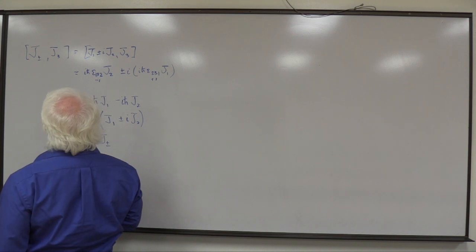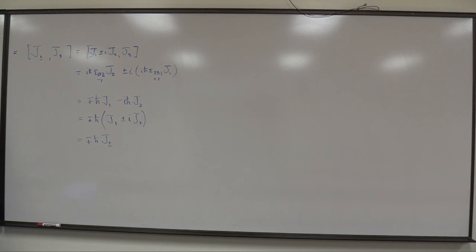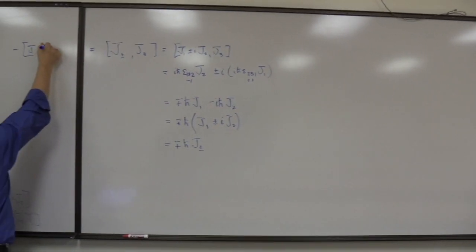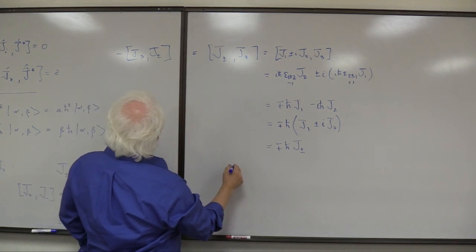Oh, I wrote that in the wrong order. So this is just minus J3 with J plus or minus, and that makes it easier to remember.